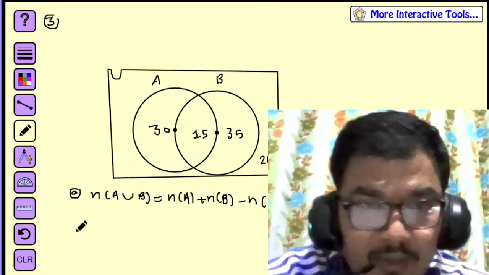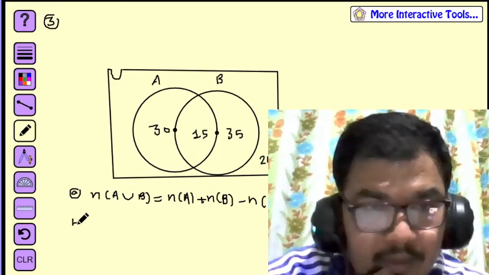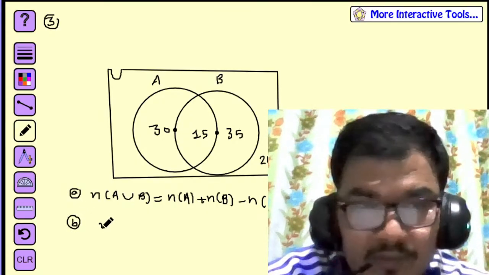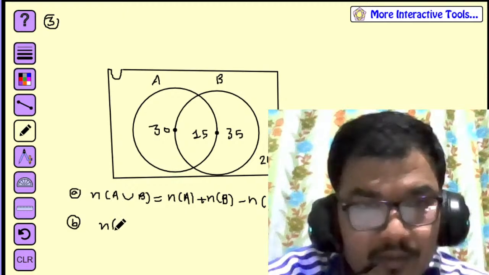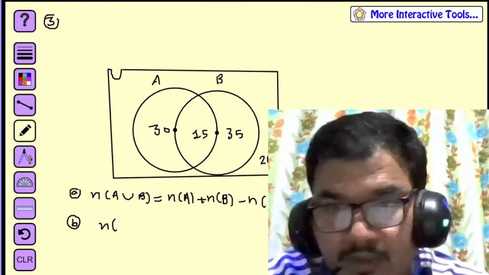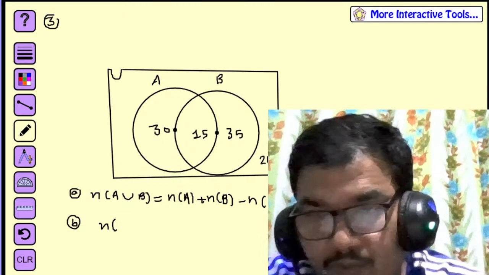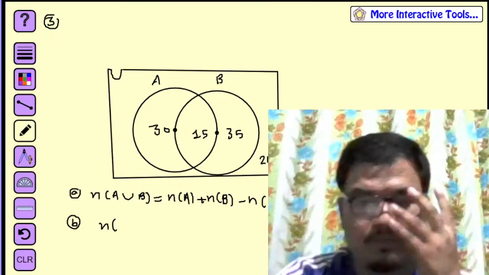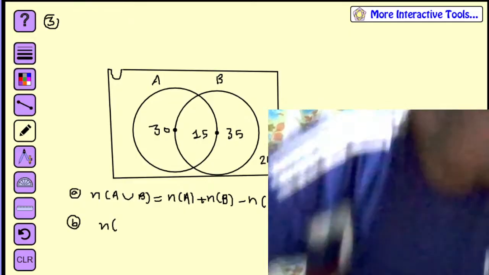Now if it is asked to write the formula for n(U), then suppose n(U) is given.